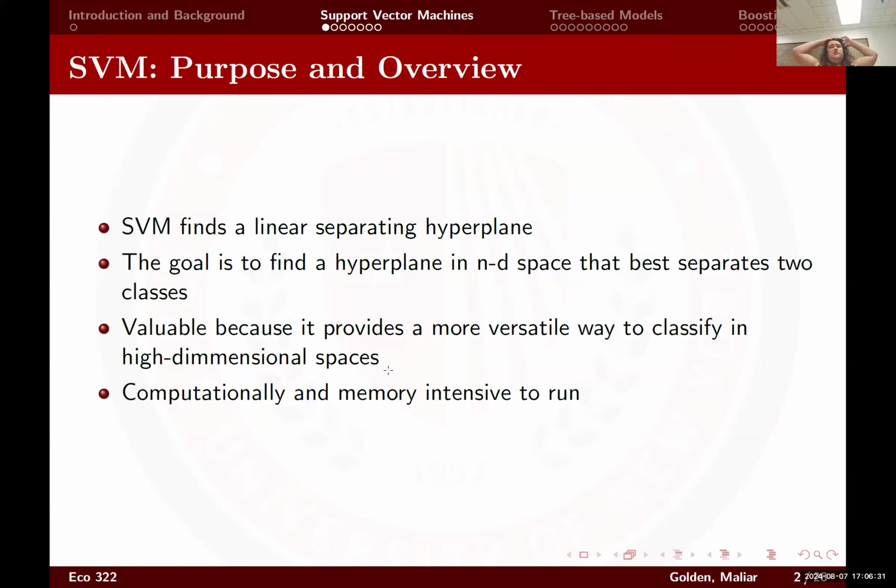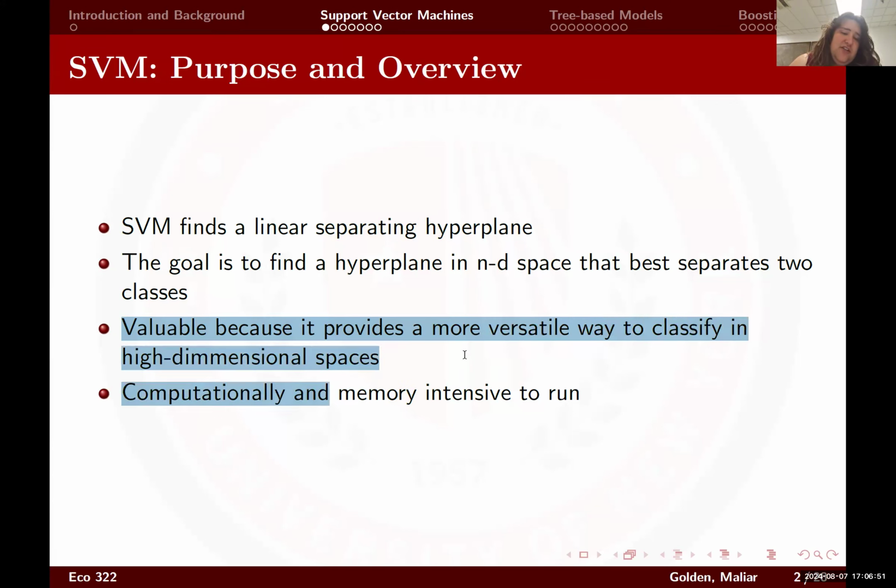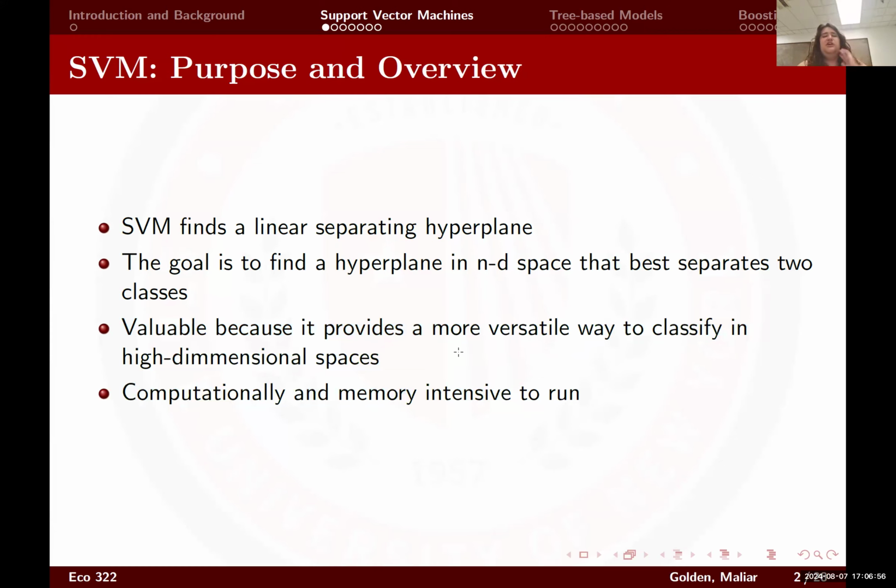So support vector machines is an important algorithm for classifying. It's always been very popular in the machine learning community. And the goal is to find a hyperplane in n-dimensional space that separates two classes. It's valuable because it provides a more versatile way of classifying high-dimensional spaces, but it's computationally and memory intensive to run.